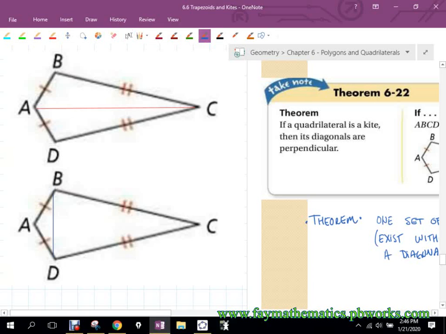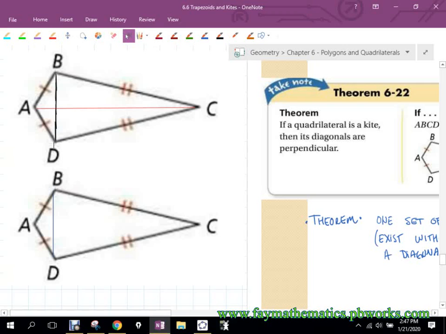When I put both diagonals in, does it look like that red one bisects BD? Does that make sense?